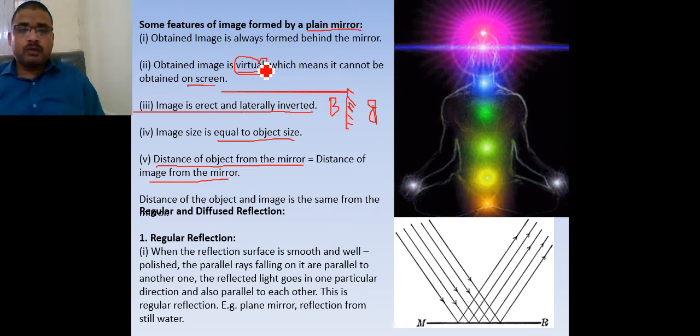The image is erect and laterally inverted. If there is no symmetry, then lateral inversion takes place, but if there is symmetry, we cannot observe the lateral inversion.